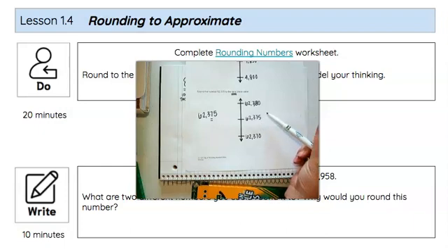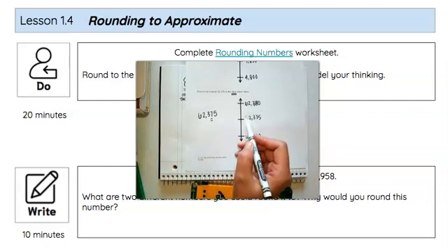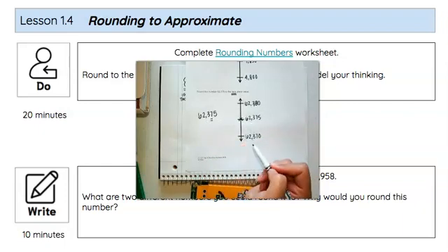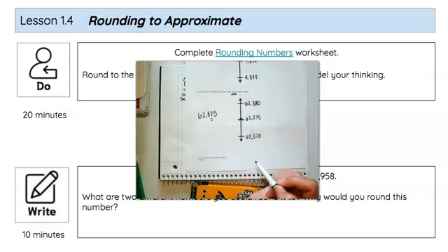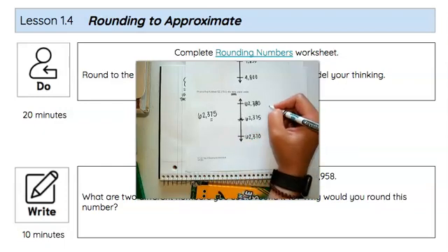If you got to this point and got stuck, you probably are not the only one. You can see in this situation, our number ends up being halfway in between the two numbers we're considering to round it to. Well, it's a common convention that if the number falls exactly in between the two, to always round up.